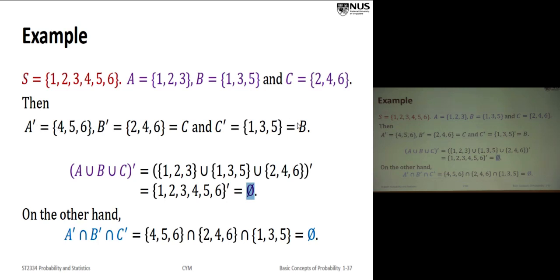So I'm going to get 4, 5, or 6, 2, 4, or 6, 1, 3, or 5. So there's no element which belongs simultaneously to these three sets. Therefore, A complement intersection B complement intersection C complement is precisely the empty set, and that's as we expect from De Morgan's law.